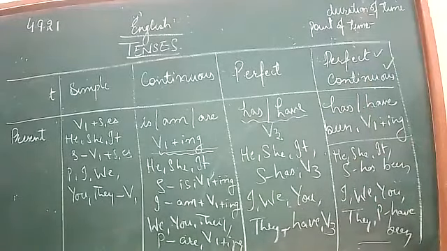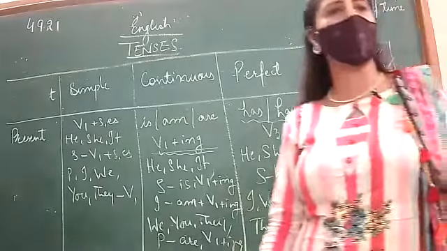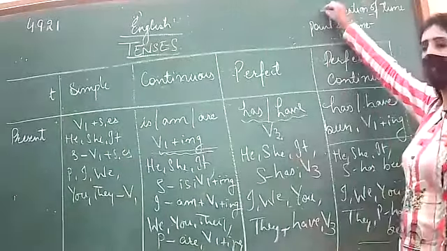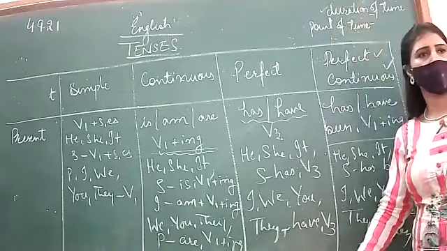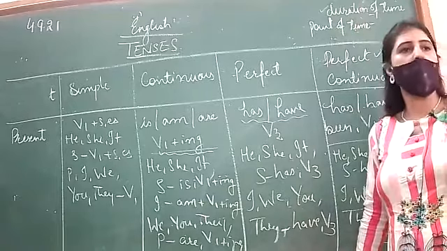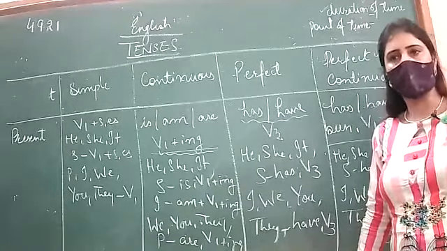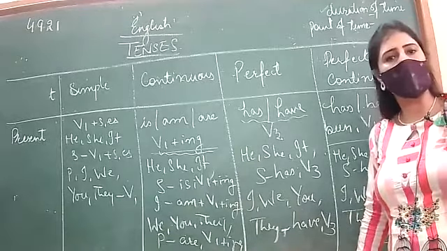Now in case of duration of time, for example, for 1 week, for 2 days, for 5 years, for several days, for many months. So it is duration of time. And in case of a particular point of time: since morning, since evening, since afternoon, since 1947, since night.